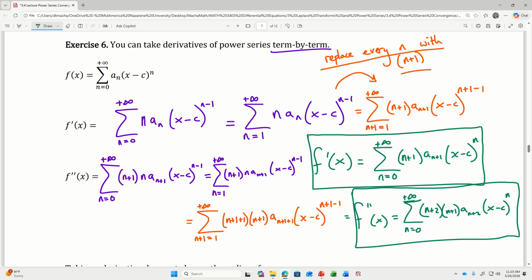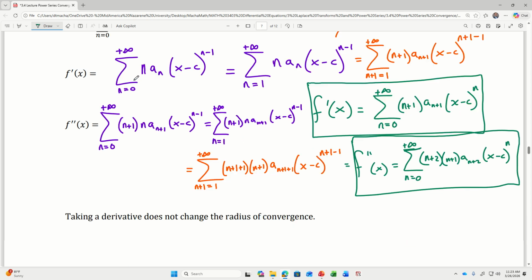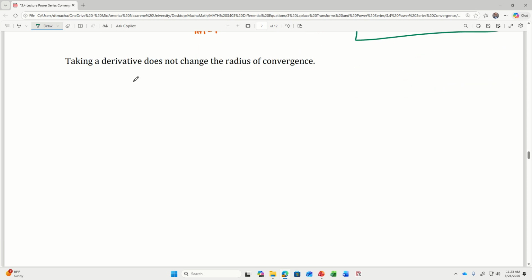We're going to replace the second derivative of that unknown solution function with this power series. And then we'll be able to find our solution as long as we can solve for these coefficients. And that's the secret or the trick behind power series solutions. And by the way, taking a derivative or an antiderivative does not change the radius of convergence at all.